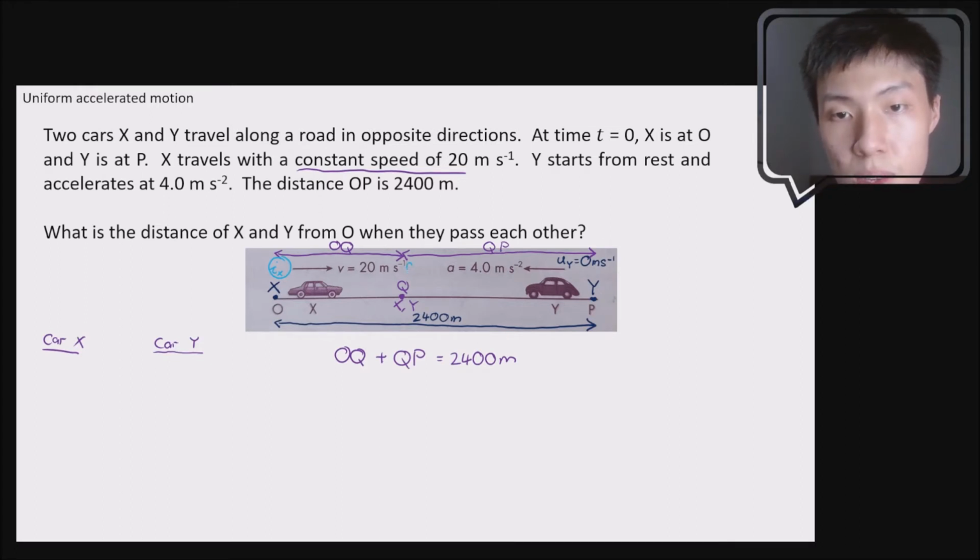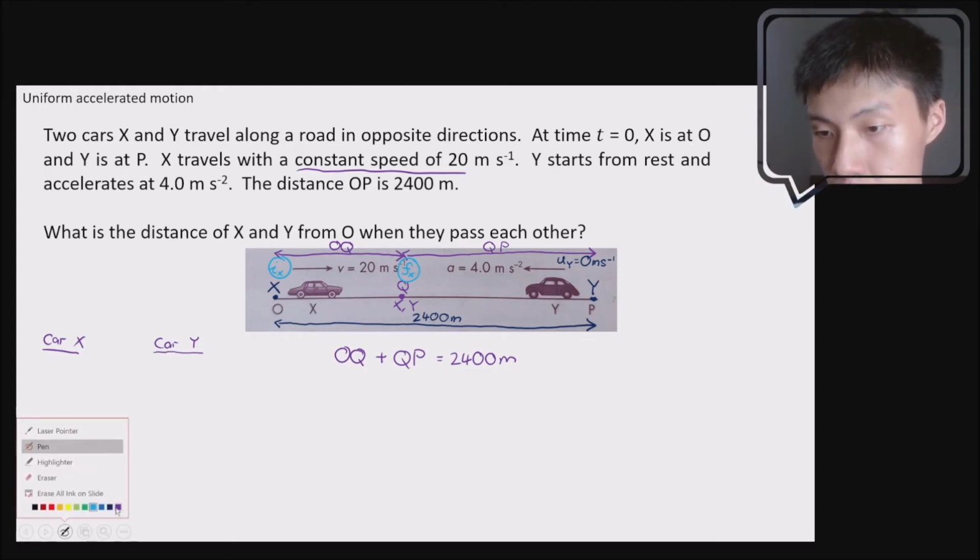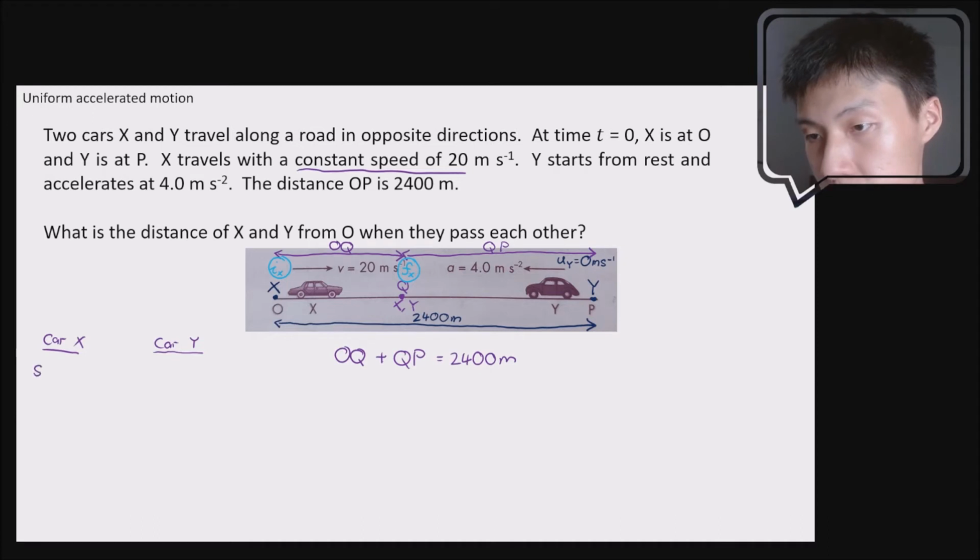Let's do our SUVAT based on this initial and final position for car X. So we have S_X, U_X, V_X, A_X, and T.